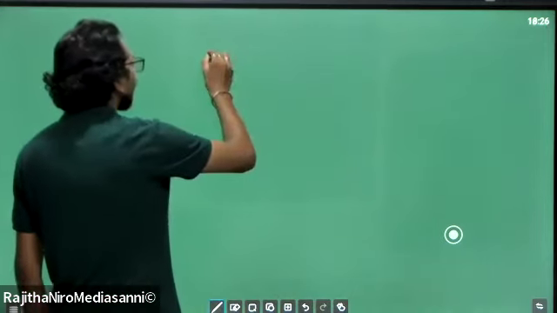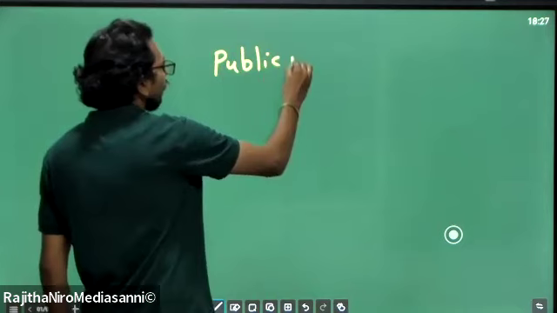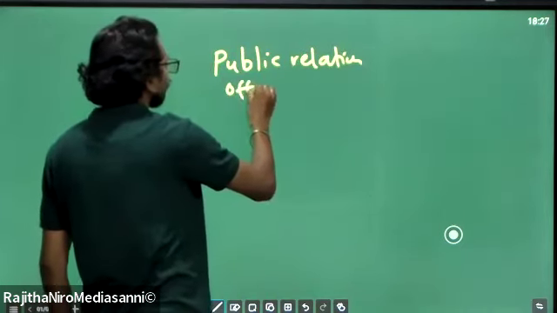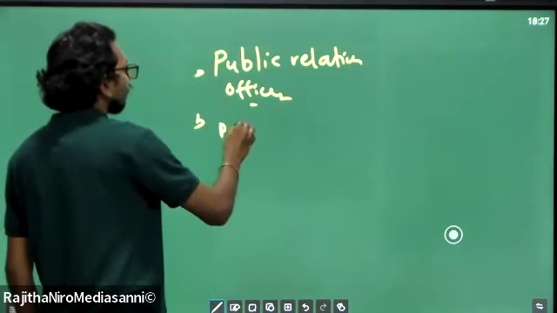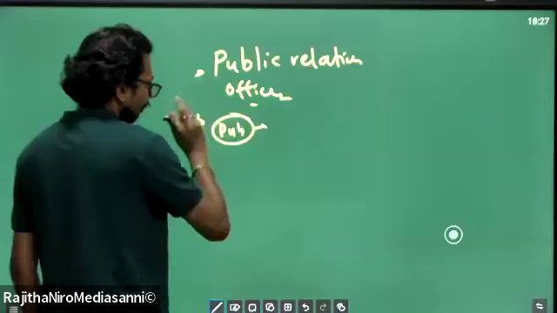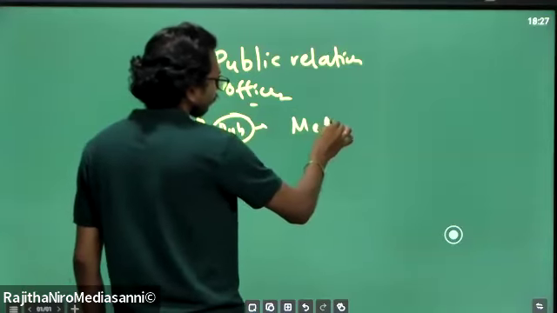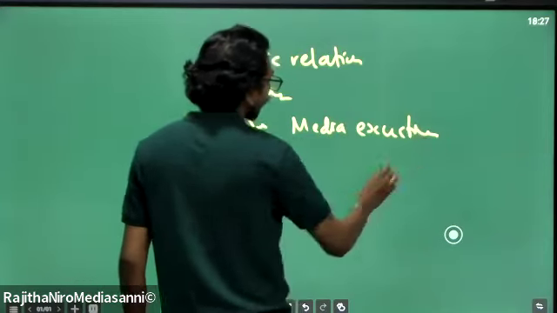And next week we discussed the public relations officer, and the public relations officer is the main one. The other thing is the media executive.